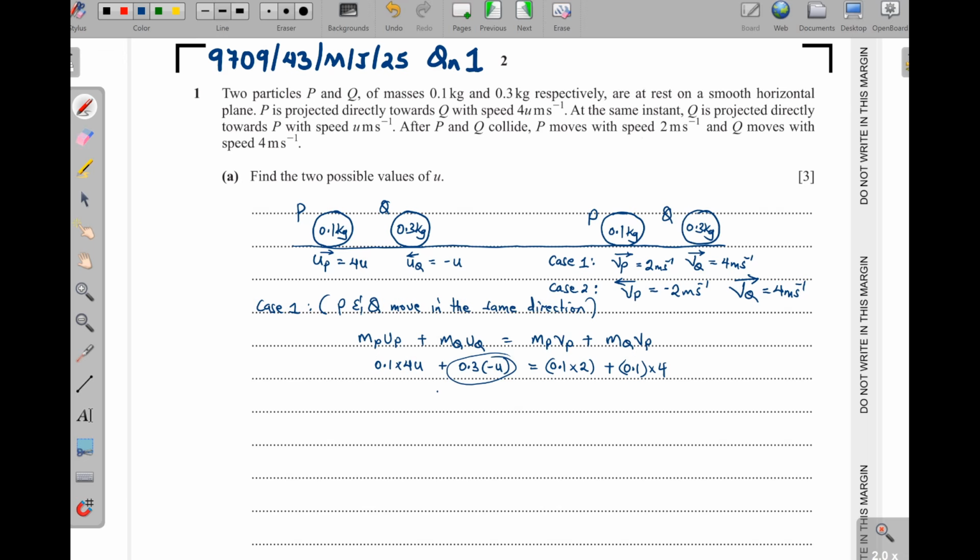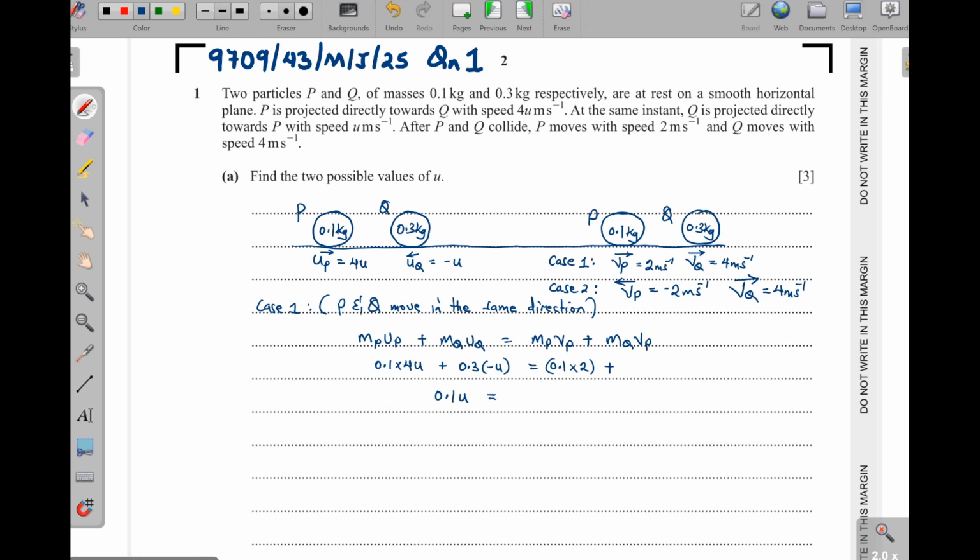What shall we have here? This is 0.3U, this is 0.4, so when you subtract them, you get 0.1U. And on this other side, we have 0.2 plus 0.4. There must be a mistake here, pardon me.